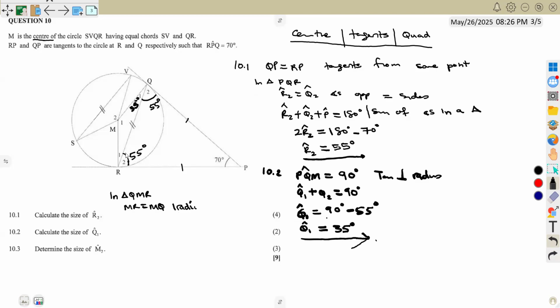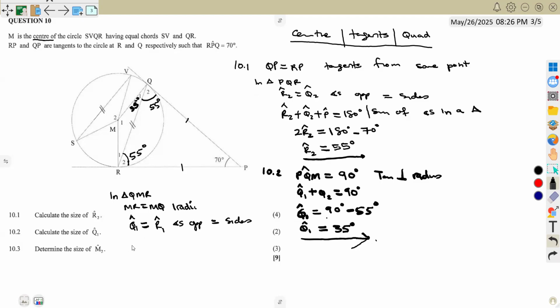Once we have that, it means angle QMR, therefore Q1, will be equal to angle R1. The reason: angles opposite equal sides.